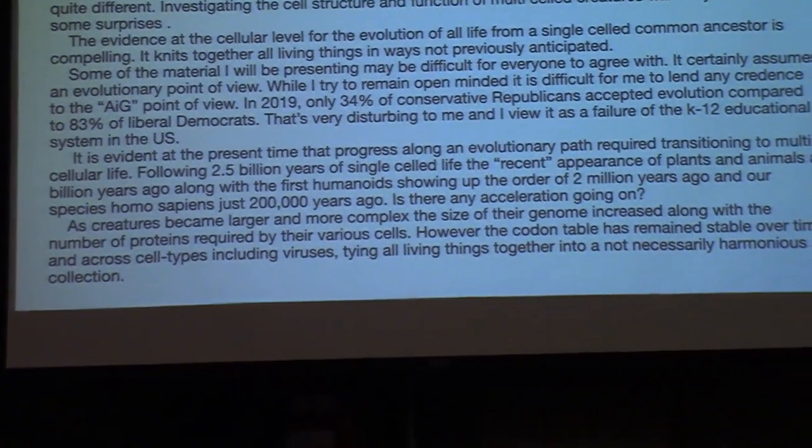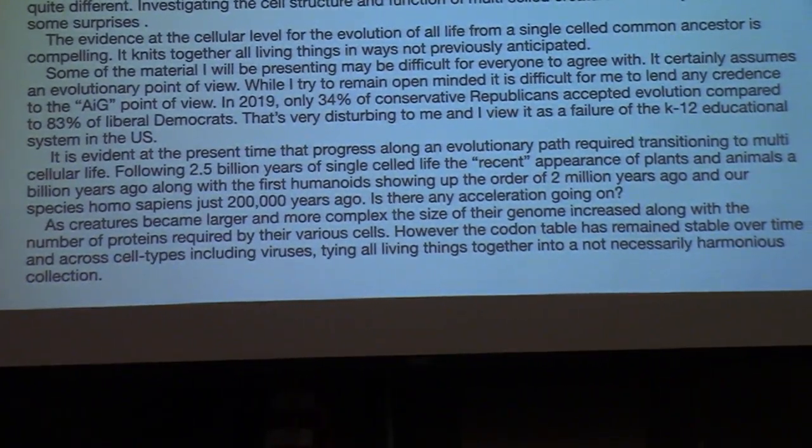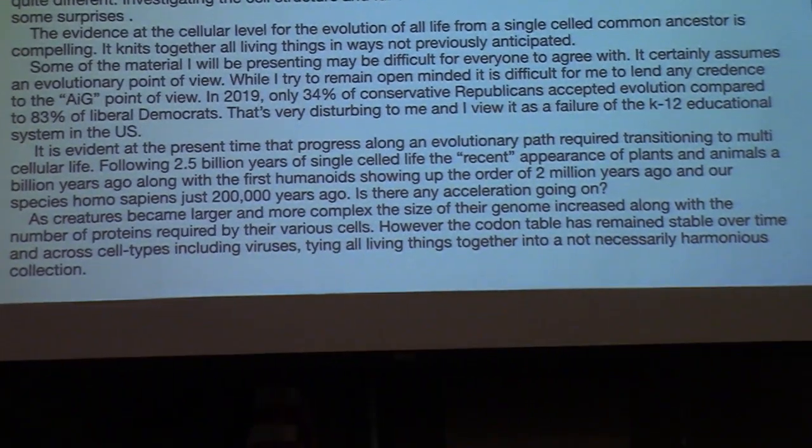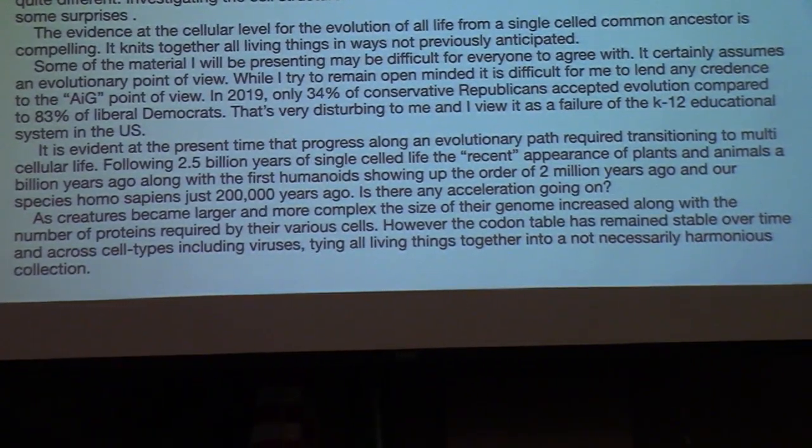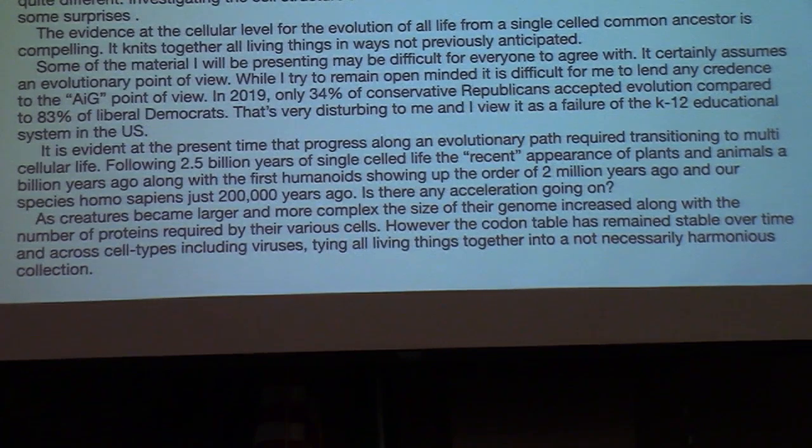So it's clear that at the present time progress along an evolutionary path required that a transition had to be made from single-cell to multicellular life. Following that 2.5 billion years of single-cell life, plants and animals appeared within the last 1 billion years, along with the first humanoid showing up just 2 million years ago, and our own species 200,000 years ago.